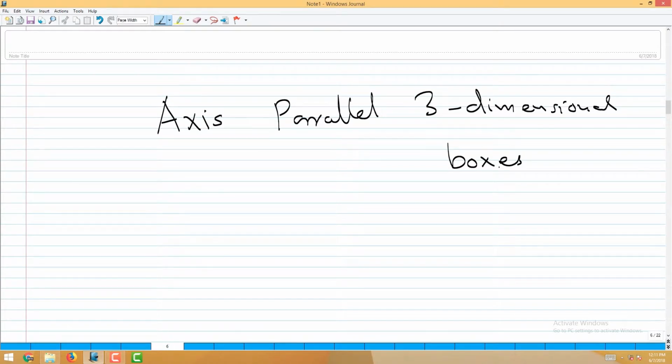Whenever many such boxes are given, corresponding to each box you introduce a vertex, and whenever 2 boxes intersect, you place an edge between them. This is the intersection graph.